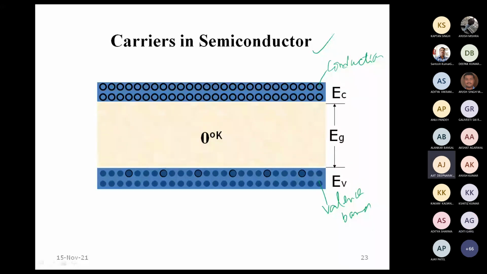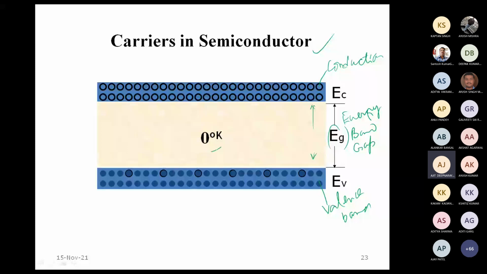These are separated by E_G, called the energy band gap. So at 0 degree Kelvin, we can see this kind of scenario.